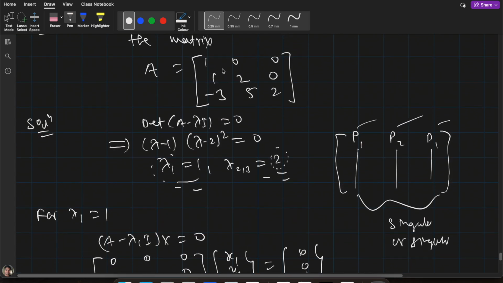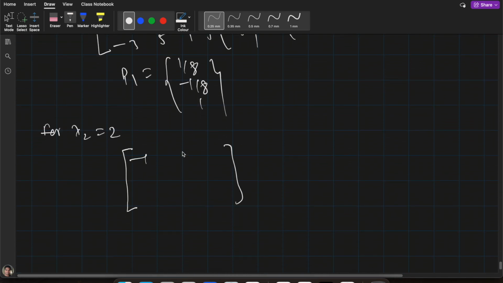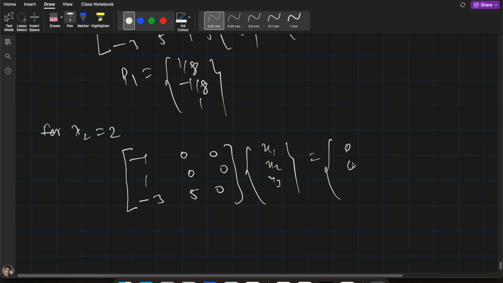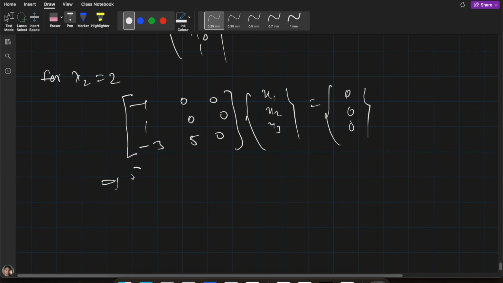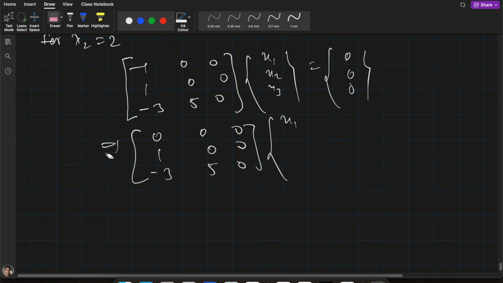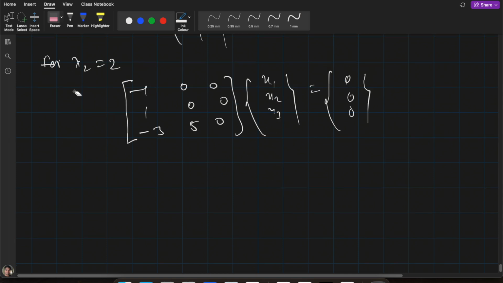Just substitute 2. Here you will get minus 1 0 0, 1 0 0, minus 3 5 0, times x1 x2 x3 equal to 0 0 0. Now add first and second row. I will not do it like this, otherwise I will not get echelon form. First I will multiply the first row by minus 1.